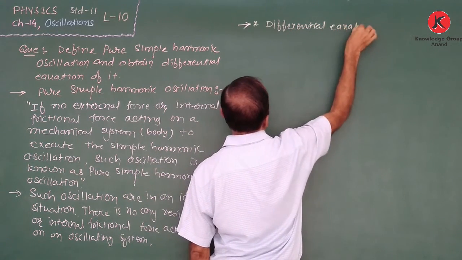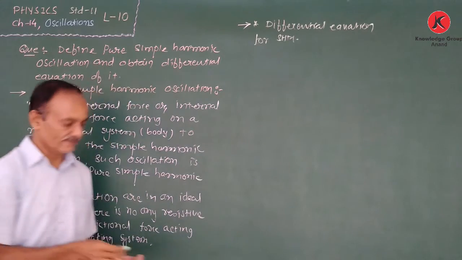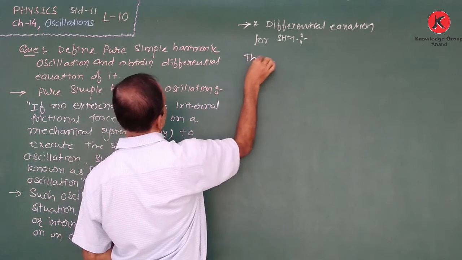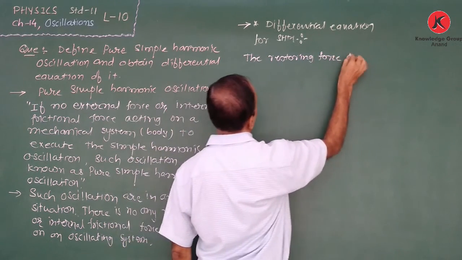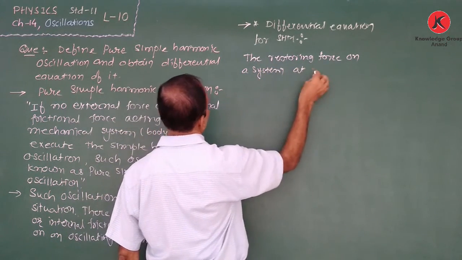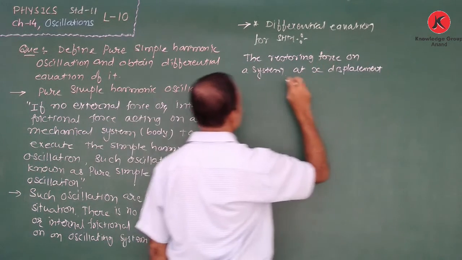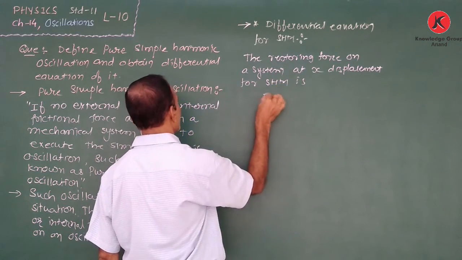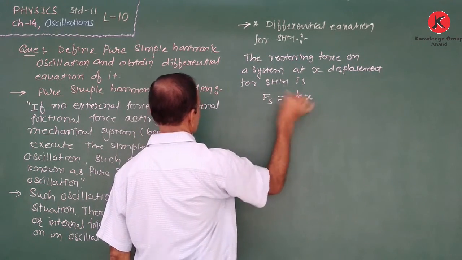The restoring force on a system at displacement x for simple harmonic motion is Fs is equal to minus kx. Equation 1.